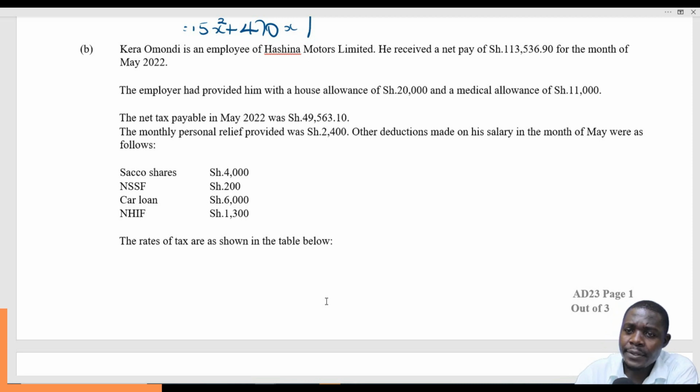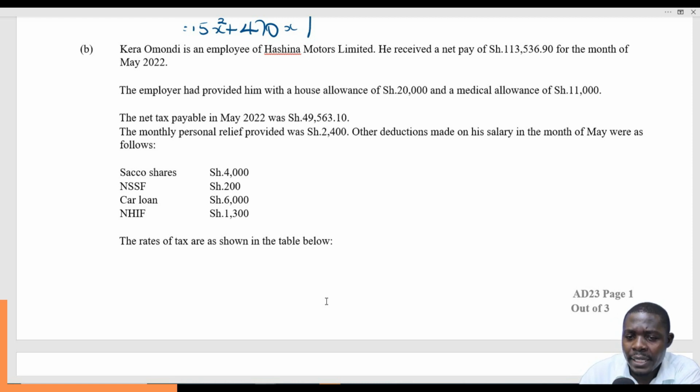The monthly personal relief of 2,400. Other deductions made on his salary in the month of May were as follows: a payment to SACCO shares 4,000, NSSF contributions 200, car loans 6,000, NHIF 1,300.